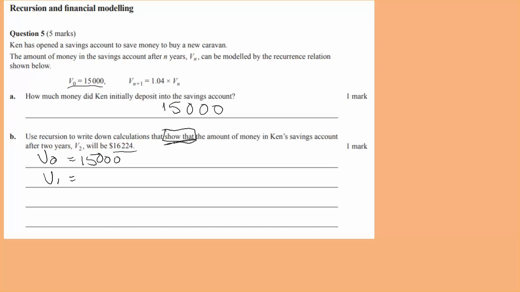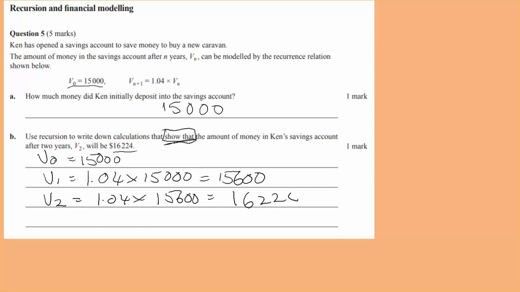To get V1, it is 1.04 times the previous value, which is 15,600. V2 is 1.04 times the previous, which equals 16,224. So the working out, this is what we need to see here.